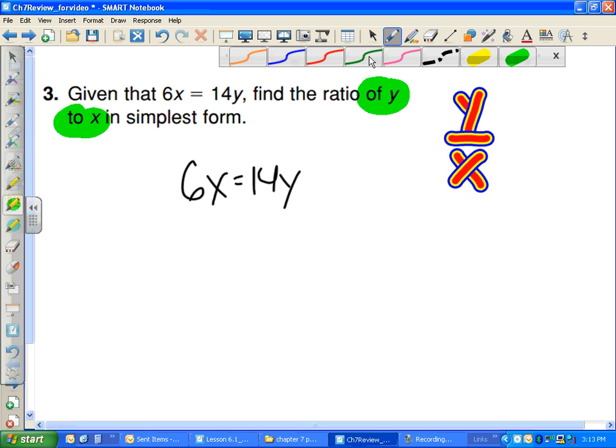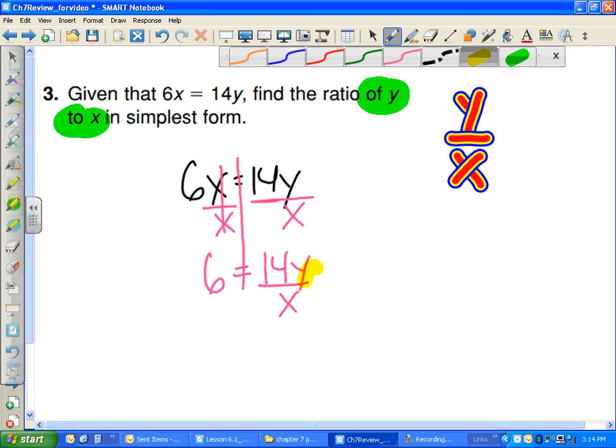So your job here is going to be to move stuff around so that you get it y over x. And to get this x underneath here, I could do something really simple and quick right now. I can get rid of this x by dividing by x and dividing by x. Now these x's over here are going to cancel. So I get 6 equals 14y over x. Now, look at this.